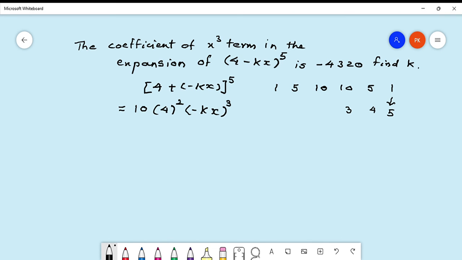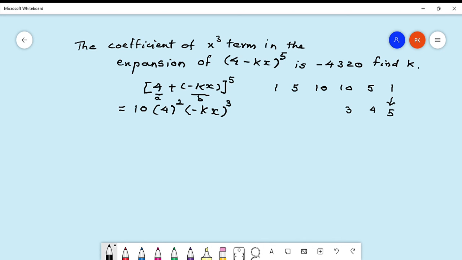So since kx is b, so here a is 4 and b is negative kx, and you want the cube of negative kx. So the second term, the power should be 3. So start from the rightmost coefficient. So the rightmost term, the power of b will be 5, then 4, then 3.